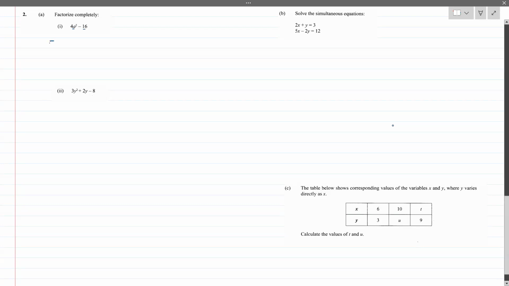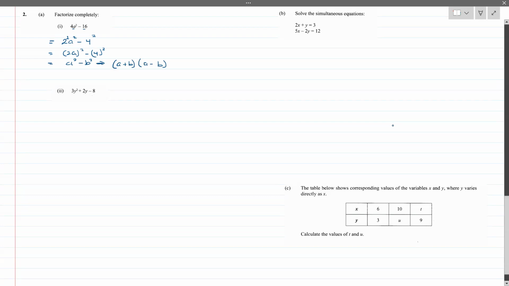So, for example, 4 is 2 squared. We already have a squared. And 16 is 4 squared. So these are all perfect squares. If we can write them as perfect squares, then it means this is the difference of 2 squares. And when we have the difference of 2 squares, for example, a squared minus b squared, to factorize this we will get a plus b by a minus b.